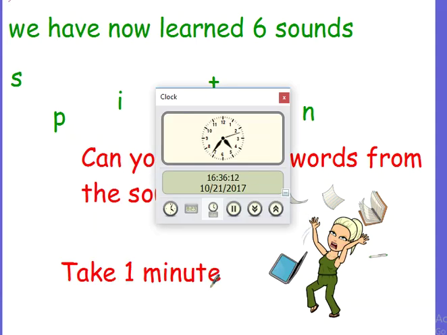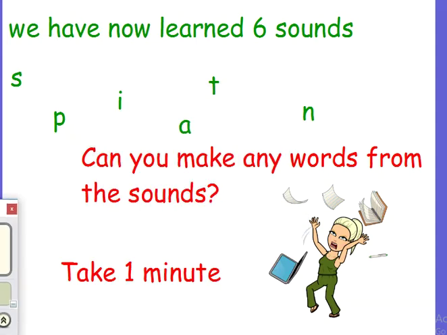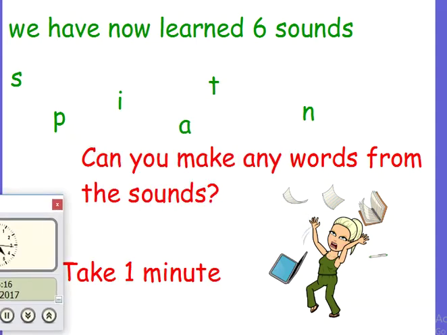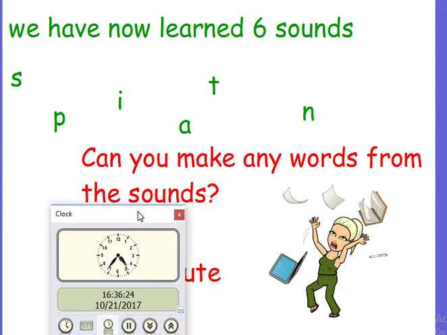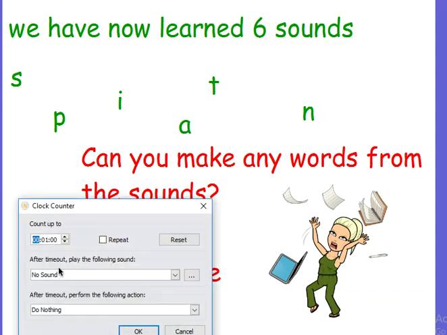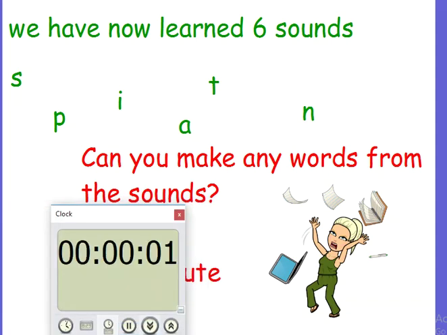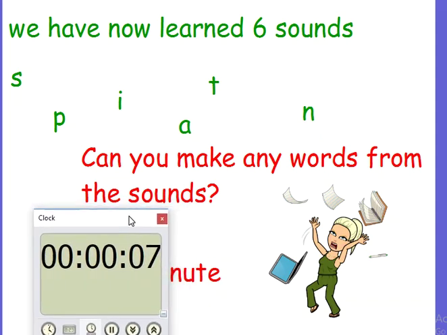I'm just going to get us a clock up here, because I want you to take 1 minute and have a go at seeing what words you can make using these letters. Set to 1 minute. Off you go.